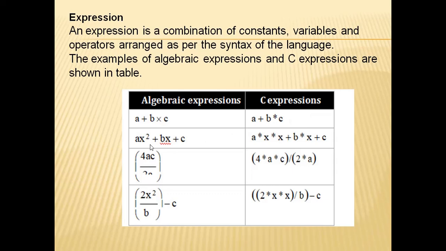In the next example, ax² + bx + c, the equivalent C expression is a * x * x + b * x + c. Here a, x, b, c are the operands, whereas the asterisk and plus are the operators.